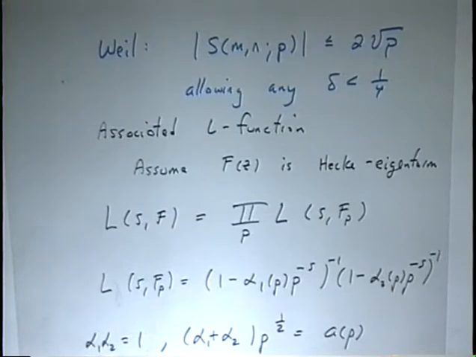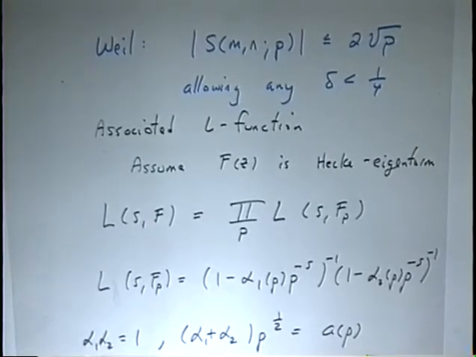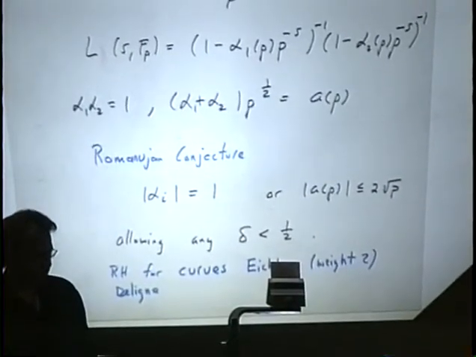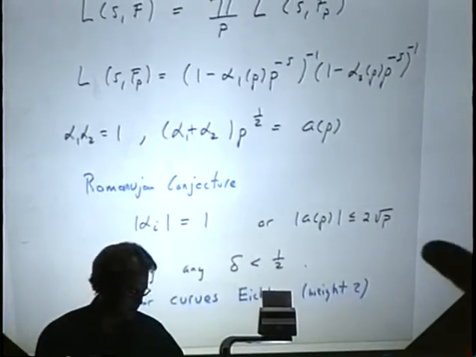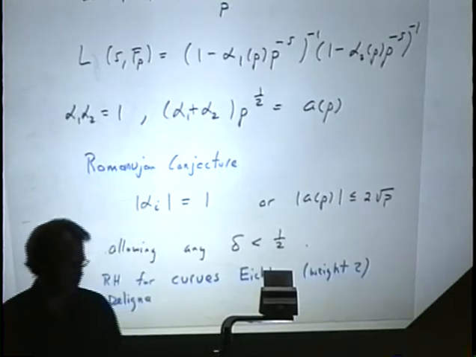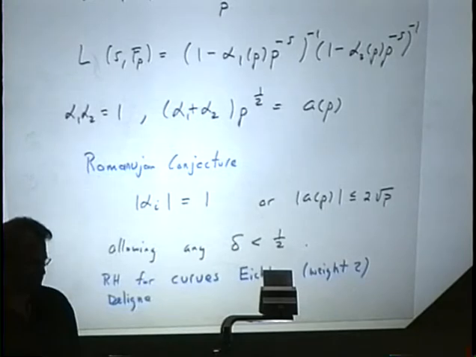These parameters alpha 1 and alpha 2 will have the property that their product is 1, and the sum of them, their trace, times p to the half, which is coming from the weight term, will be our coefficient a(p). And in a slightly different context of the delta function, Ramanujan conjectured that the a(p) should be bounded by 2 root p, or equivalently that the absolute value of the alphas should be 1.